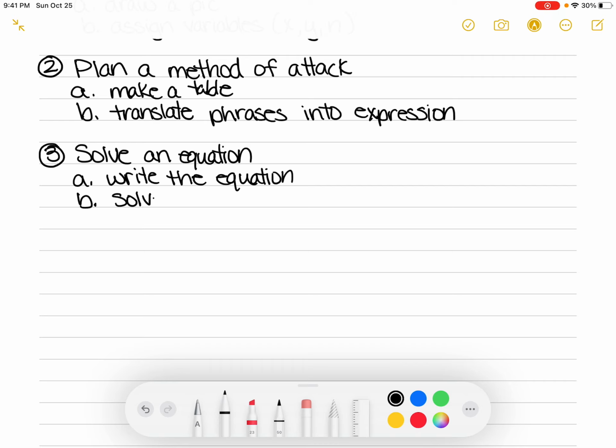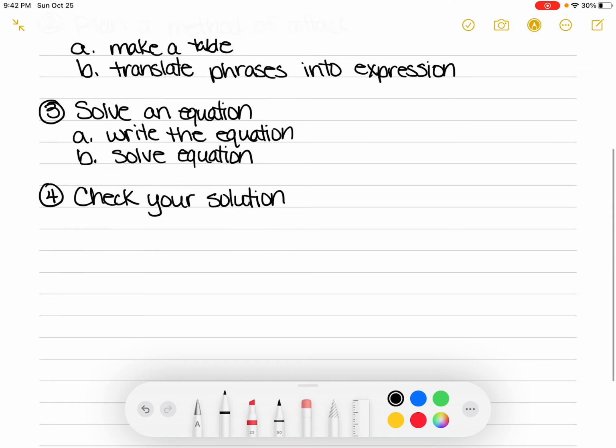You're going to show all your steps just like you did on the last lesson. Your last thing is to check your solution. In your book, they actually will show you how to do 1, 2, and 3 in all your examples, but I'm just going to talk about them. I don't need you to write down all the things.